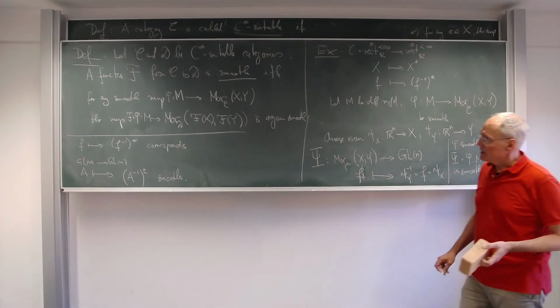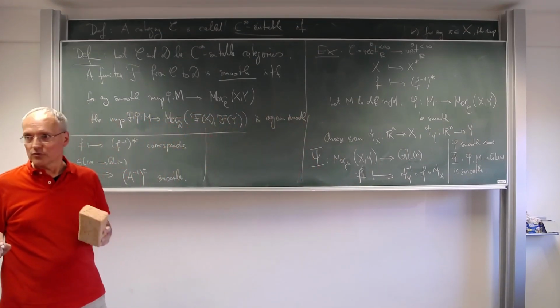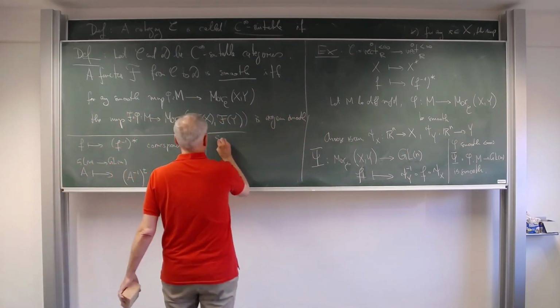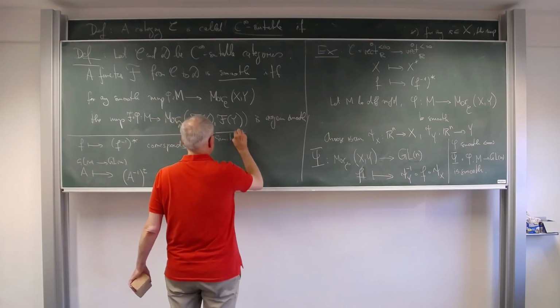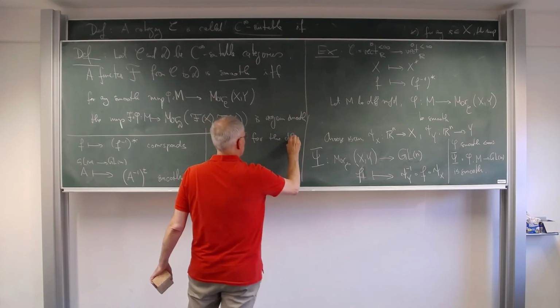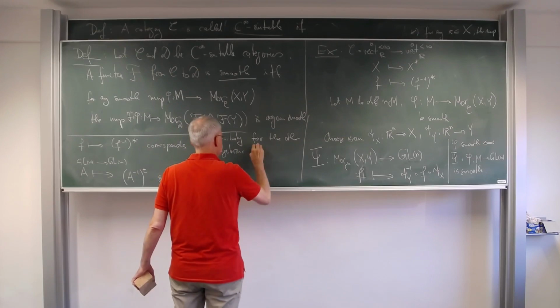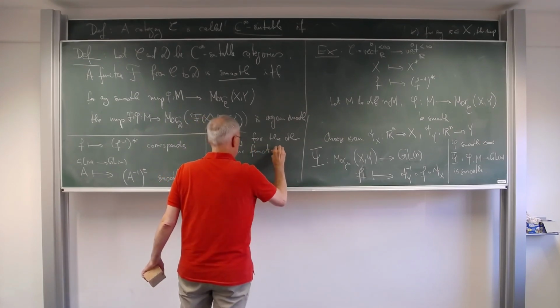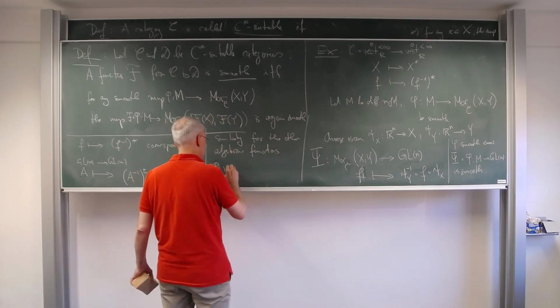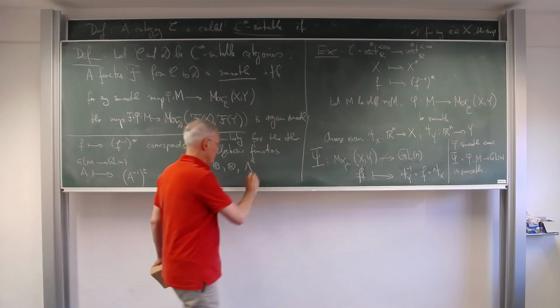And similar arguments can be made for all the algebraic functors that I've shown. Similarly, for the other algebraic functors, which were like taking the direct sum, taking the tensor product, taking an exterior product, and so on.